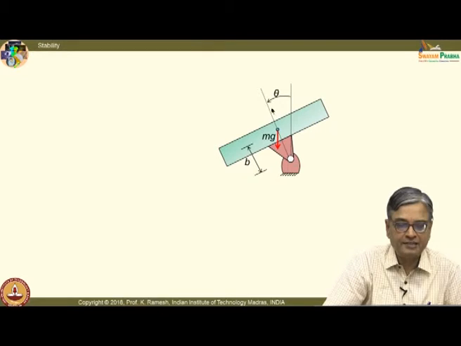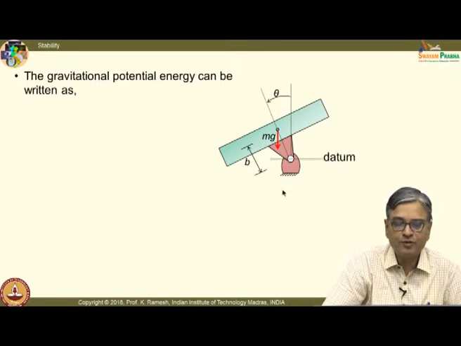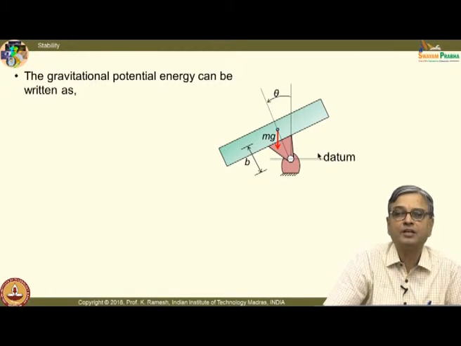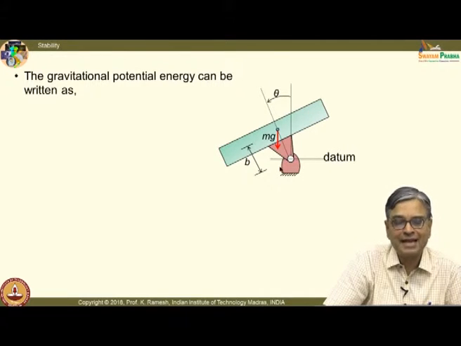So, here it is completely dealing with gravitational effects. So, I need to recognize a datum. In all problems dealing with gravitational potential energy, I must have a reference datum from which I make the measurements.